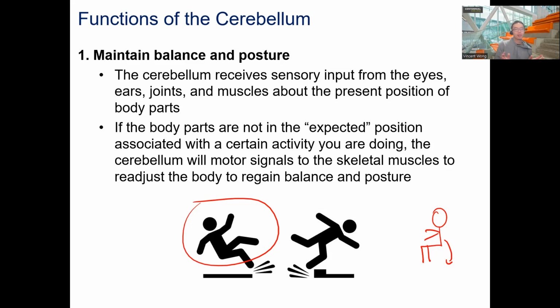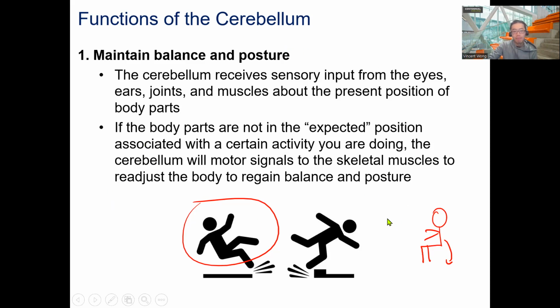And then the cerebellum is like, oh okay, now we're back to equilibrium. Everything is good. Of course, it's not a perfect system. We all do fall eventually at some point in our lives. So it tries its best to regain the posture, but it's not always going to be successful.